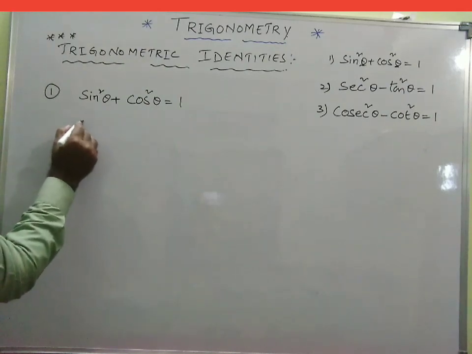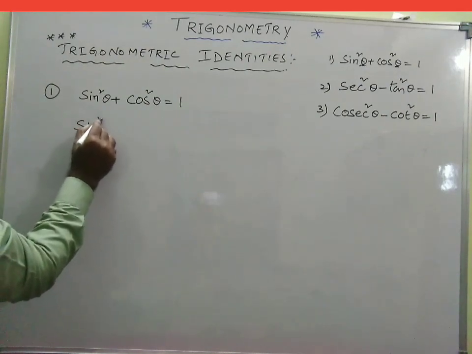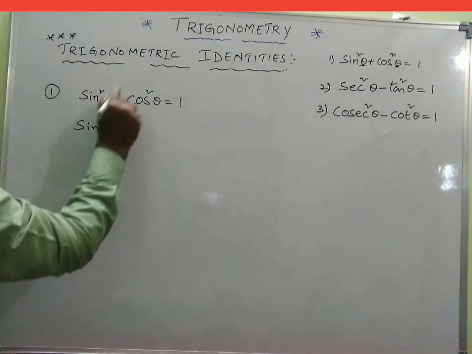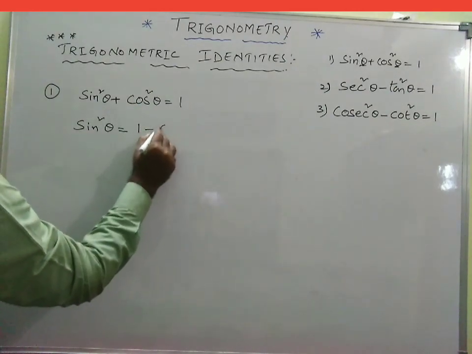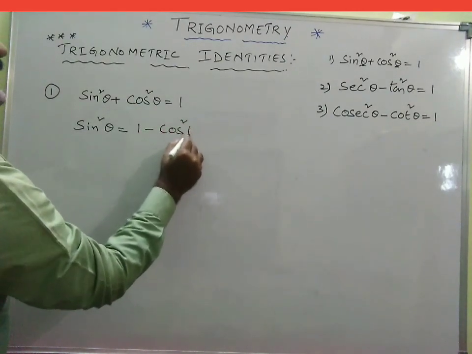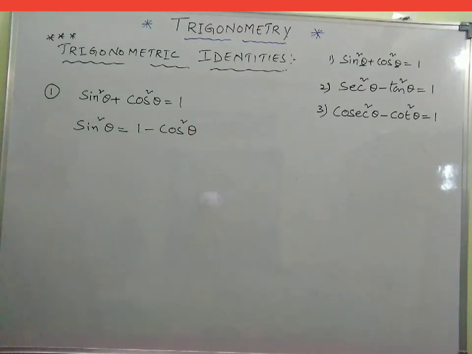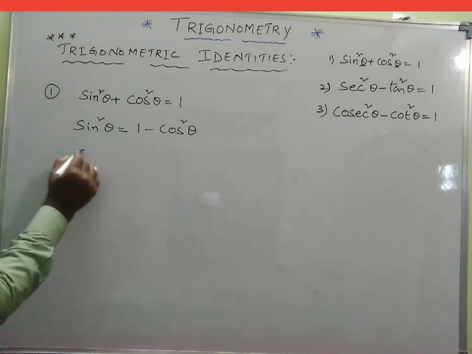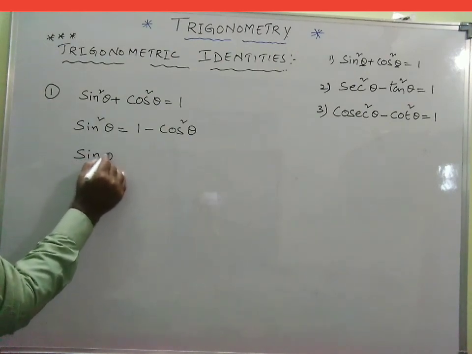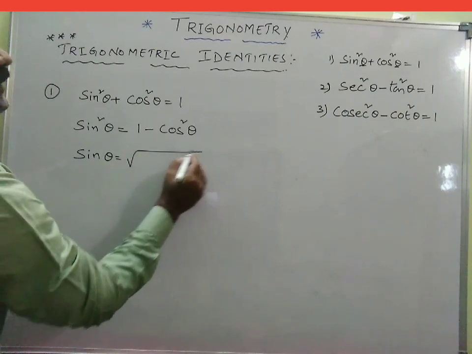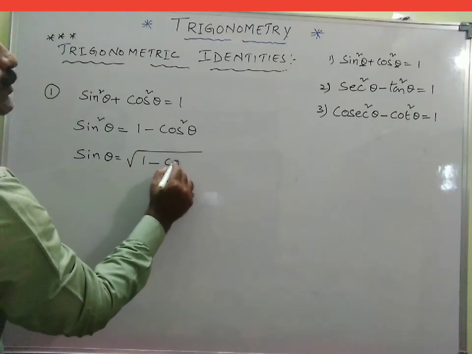From this, if I want sin square theta, then send the cos square theta to that side. Hence sin square theta is equal to 1 minus cos square theta, isn't it? And from this, sin theta is equal to root of 1 minus cos square theta.